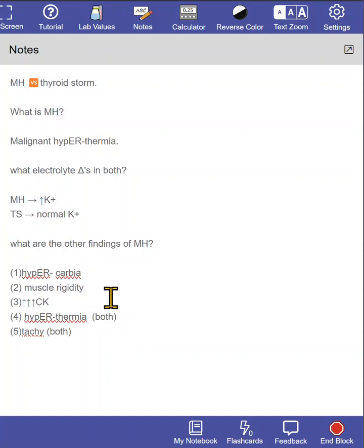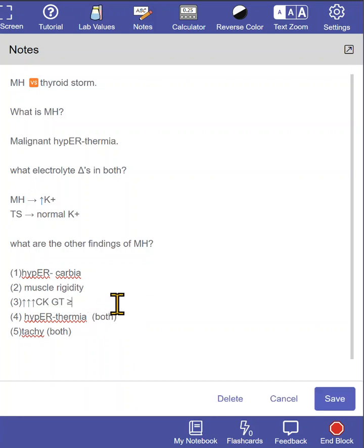Muscle rigidity, usually not a thyroid storm thing necessarily. And increased CK, usually malignant hyperthermia, that's a huge sign. Really high, like 10,000 units per liter or above.